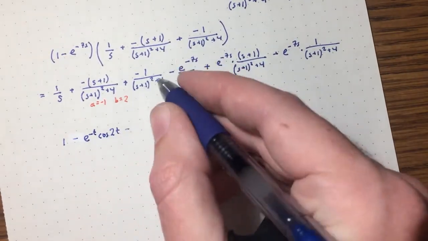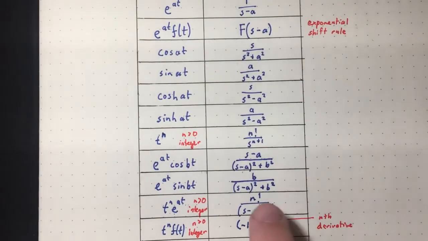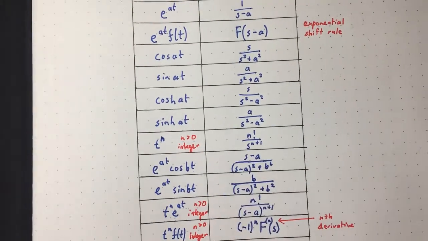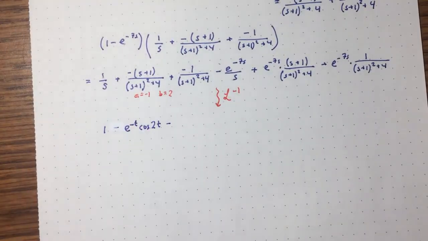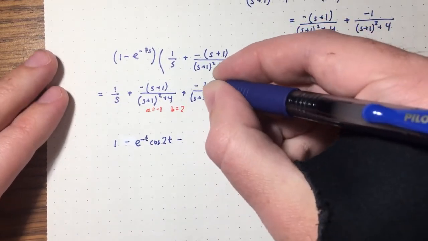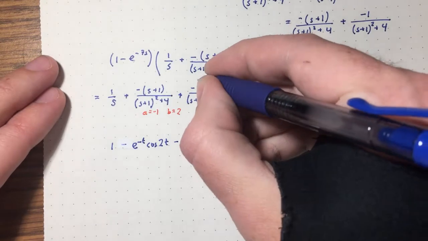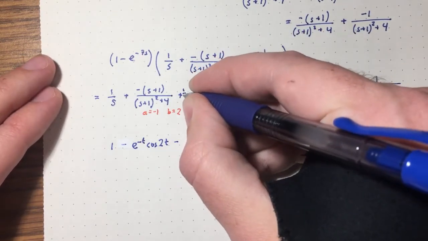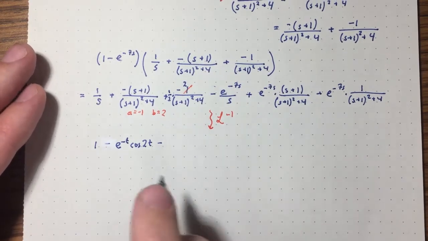And then you're going to have minus the sine, right? But for the sine, we need that numerator to be a 2, right? Because b squared is 4, so b is 2. So we need that to be a 2 instead of a 1. Here's how I'm going to do that. I'm just going to replace that with a 2. But I need to put a 1/2 out front. You've seen that idea a few times.